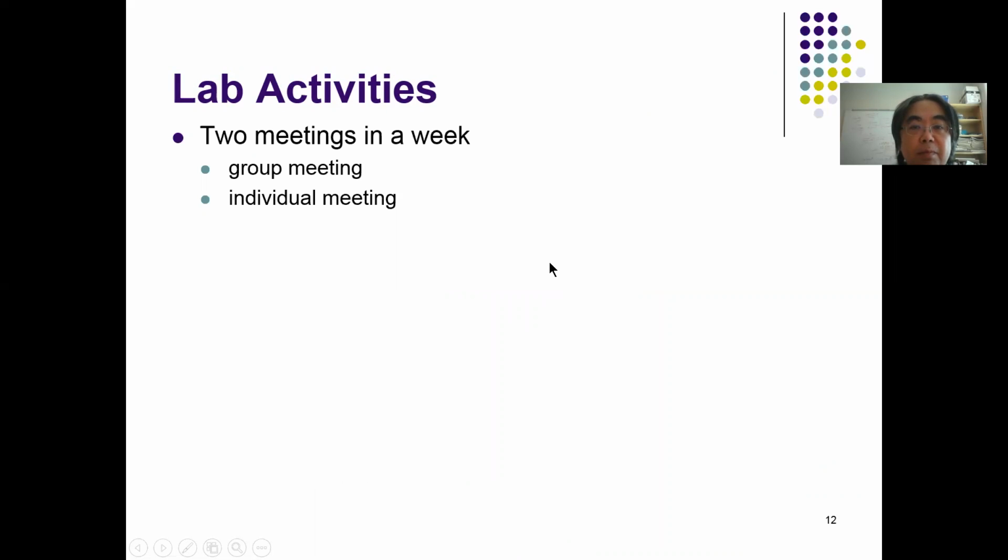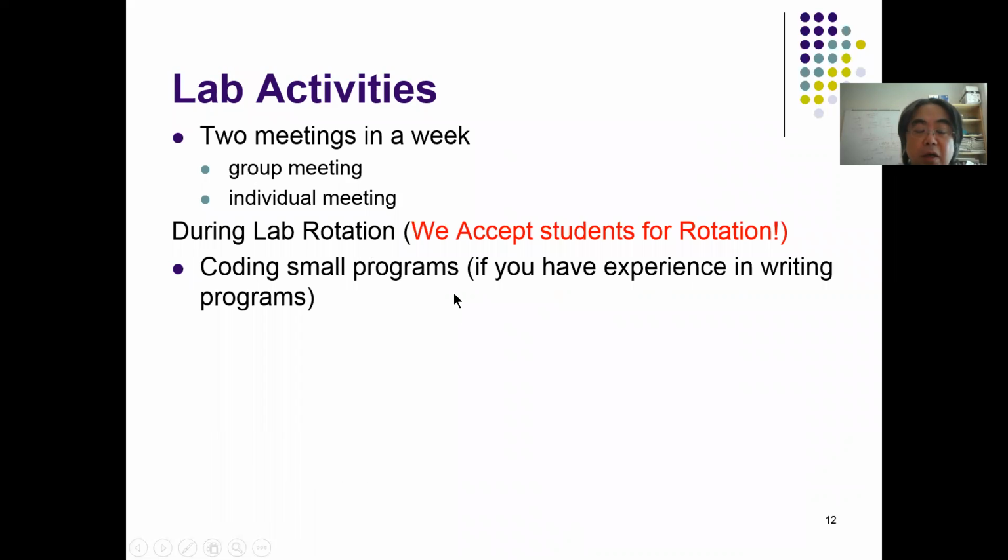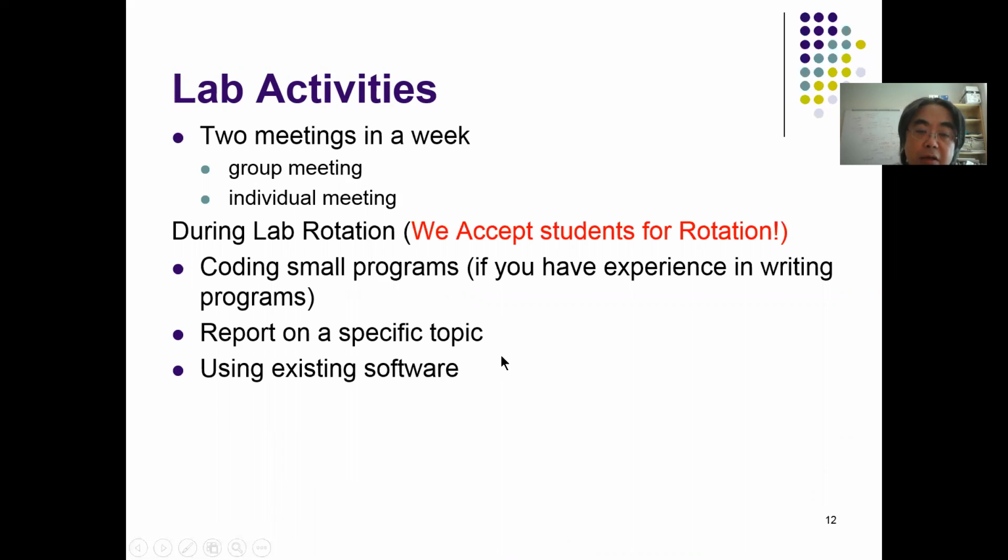So if you join our lab for a rotation, we will have at least 2 meetings in a week, a group meeting with everyone in the lab, and then an individual meeting with you. And during the lab rotations, if you are willing to write a small program, we probably will do that. Or we could also do some survey on a specific topic, or do some research with existing software.